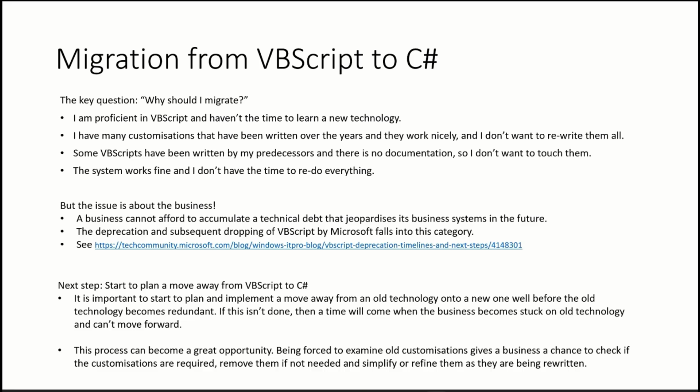And certainly in my experience, when you start to review prior customizations, you do get an opportunity of asking yourself the question, do I still need them? And if you don't need them, then delete them, get rid of them, and simplify your implementation. And if you do need them, maybe the business rules have changed and there's a perfect opportunity to refine these as well. So those are some of the reasons for migration.